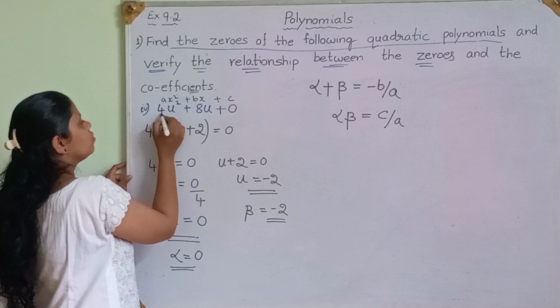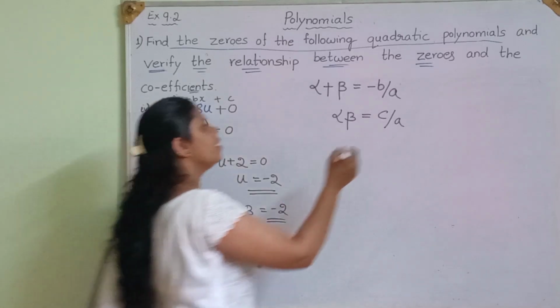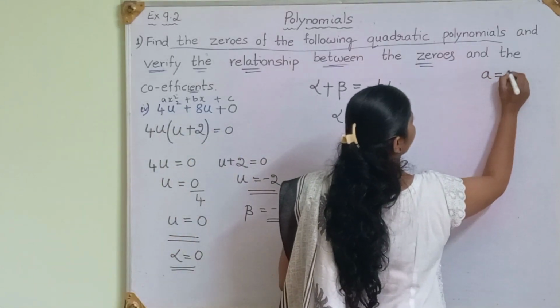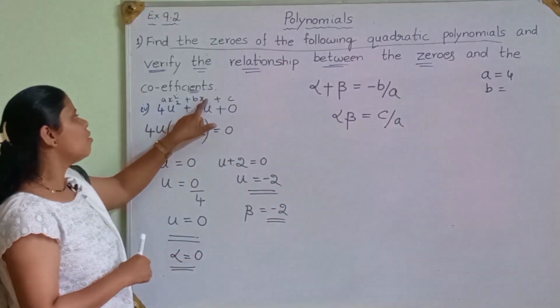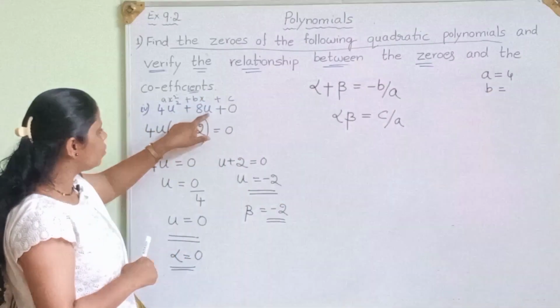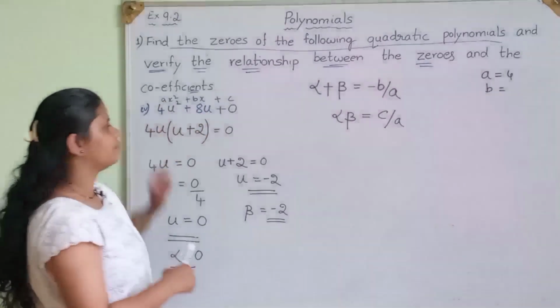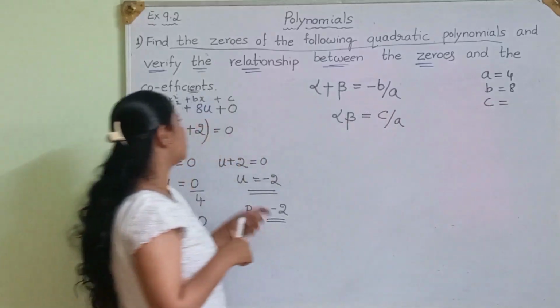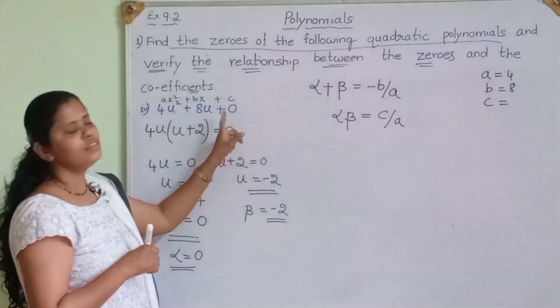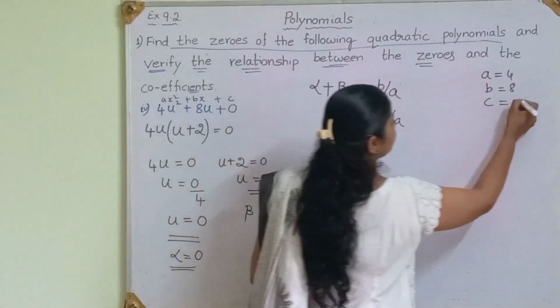Therefore, a = 4. b is the coefficient of x, therefore b = 8. c is the constant; here nothing is given, so we write 0.